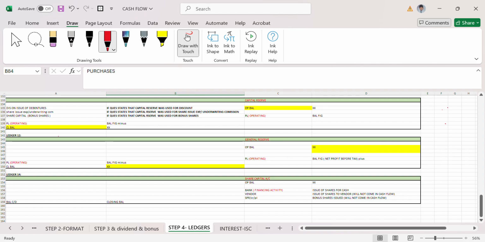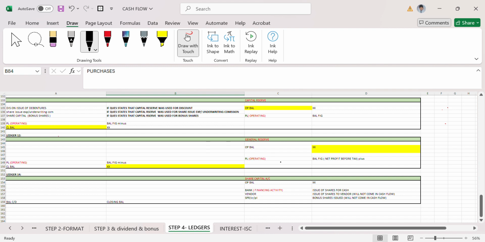You have opening on the credit side and closing on the debit side. Now again, capital reserve might reduce when you adjust discount, share issue expenses, underwriting commission or bonus shares from it. The difference goes to P&L. Again, P&L on this side means a plus, P&L on this side means a minus.